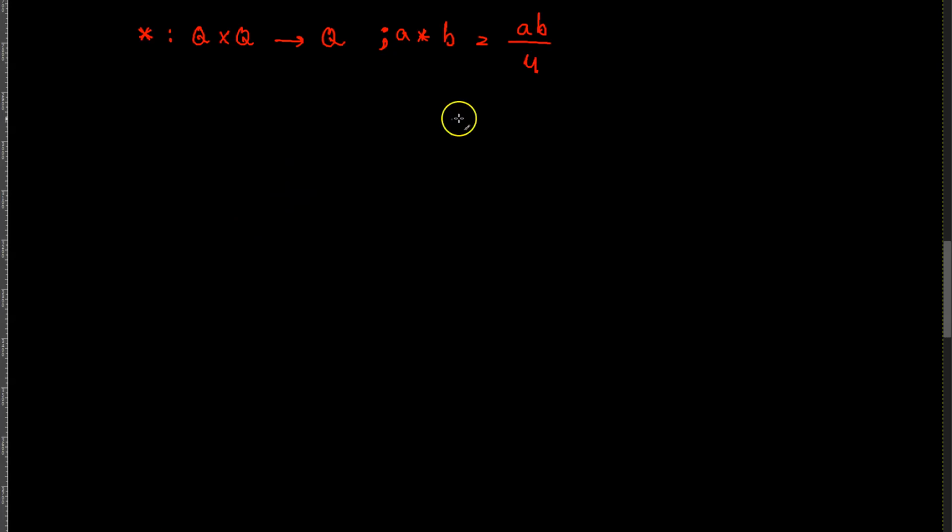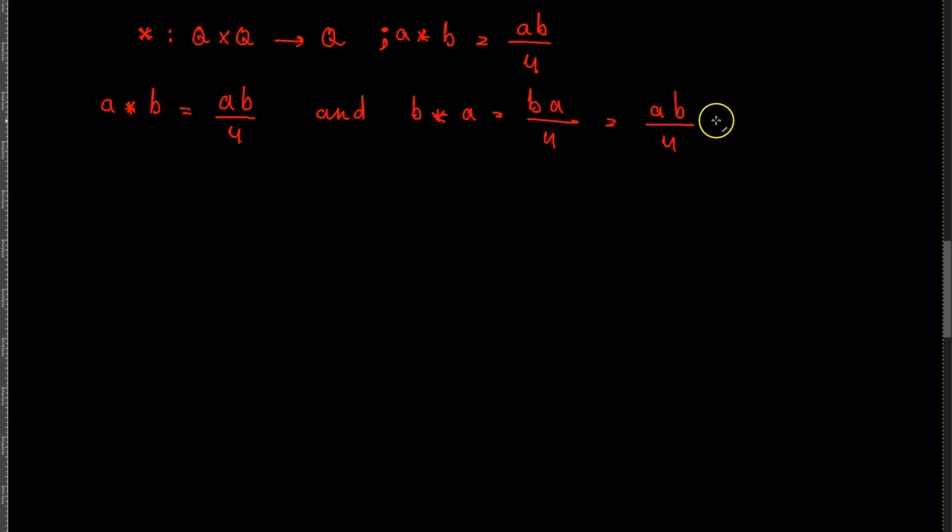Okay, so now basically we know that A star B is equal to A times B divided by 4. And B star A is equal to B times A divided by 4, which is equal to A times B divided by 4.